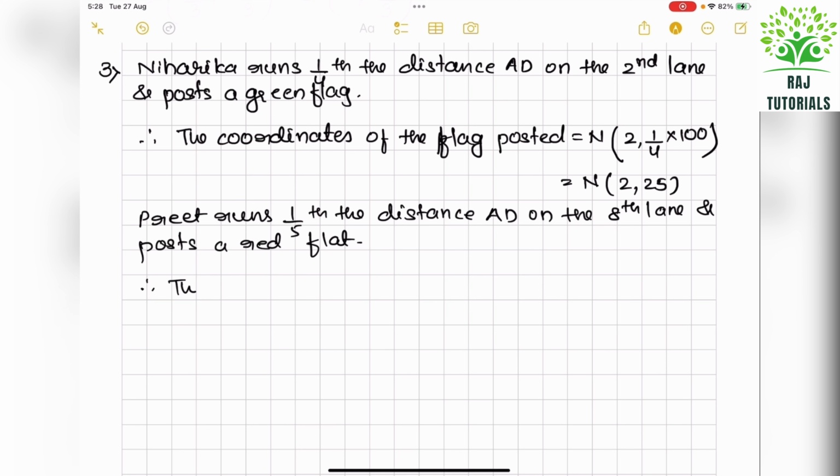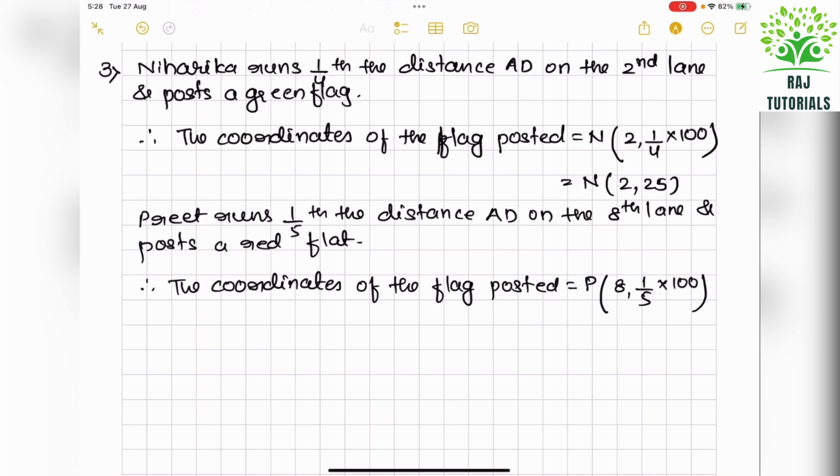Therefore, the coordinates of the flag posted will be equal to P. In the 8th lane she was running and 1/5 she did. So 1/5 into 100. So that will be P (8, 20).